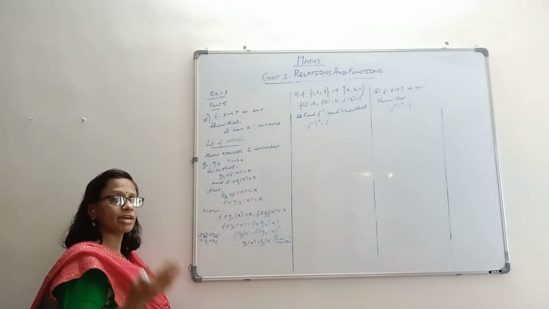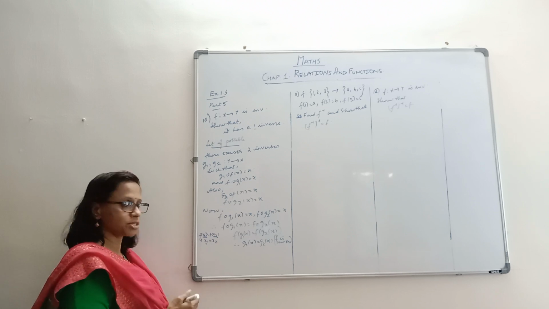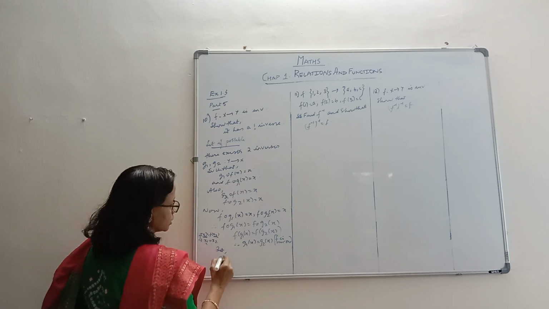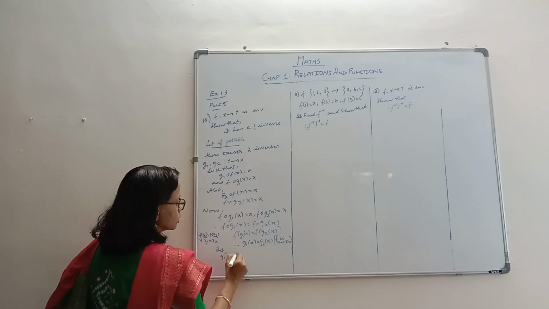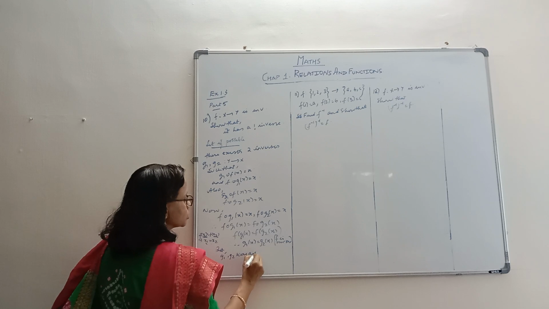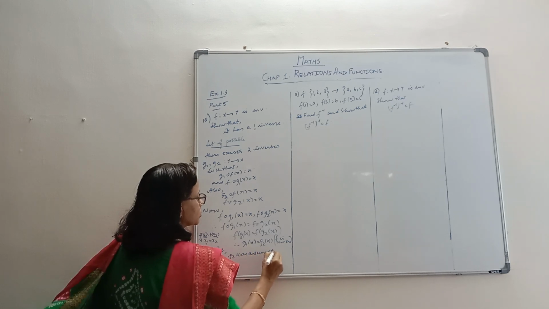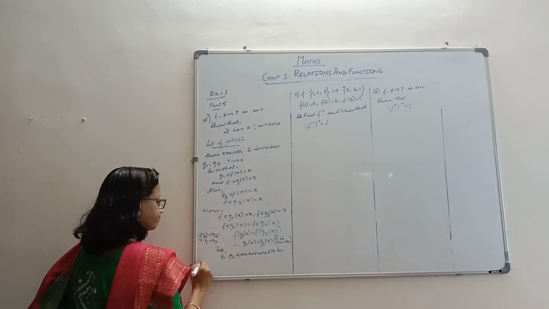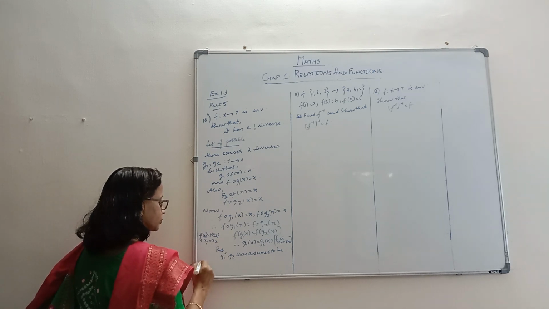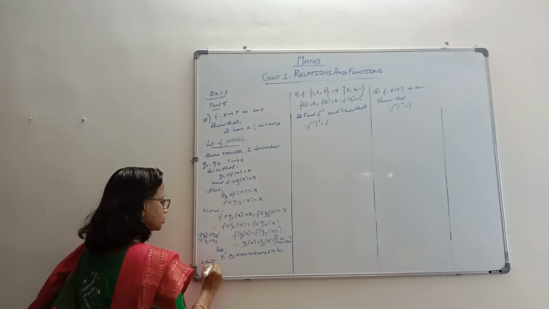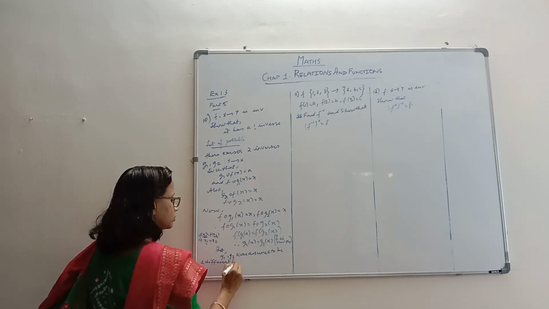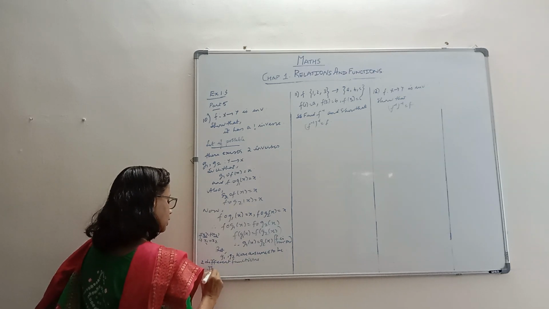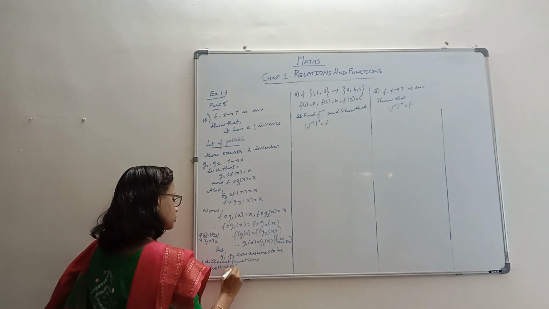So it's a contradiction. Why has this contradiction come? Because we have made a wrong assumption. But g1, g2 were assumed to be two different functions. Therefore, there is a contradiction.